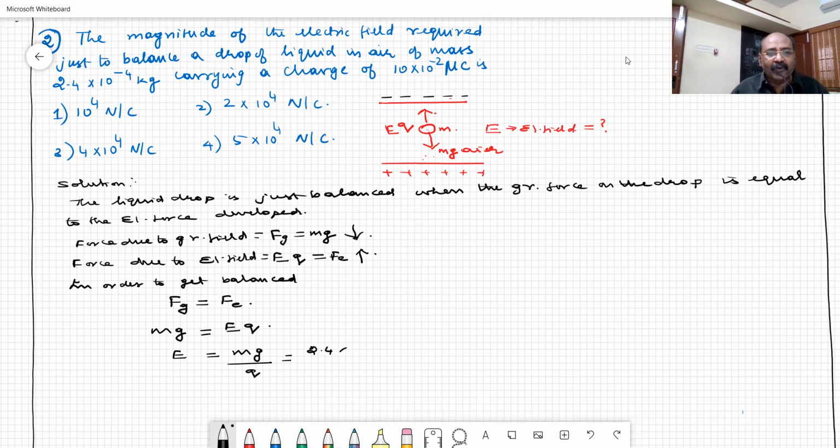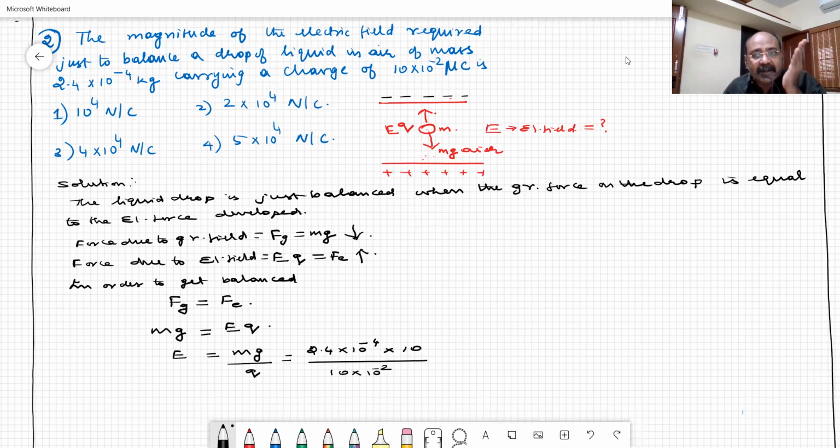Multiply it with gravity, you take the value as 10, that is G is equal to 10 meter per second square, divided by the charge Q. The charge Q is given to be 10 into 10 power minus 2 microcoulomb.